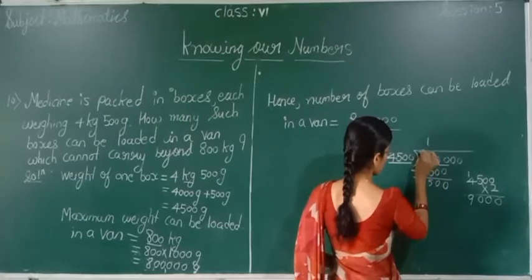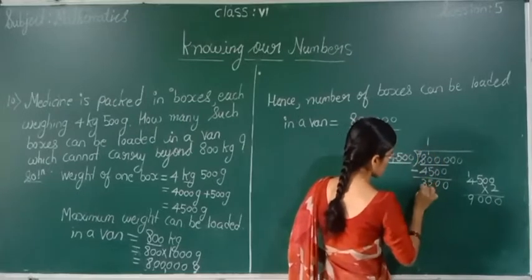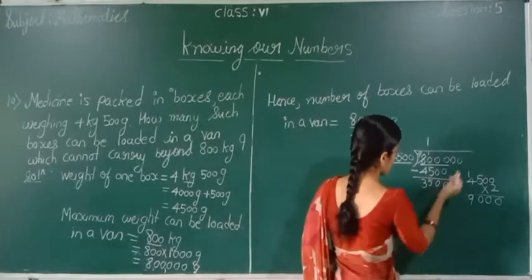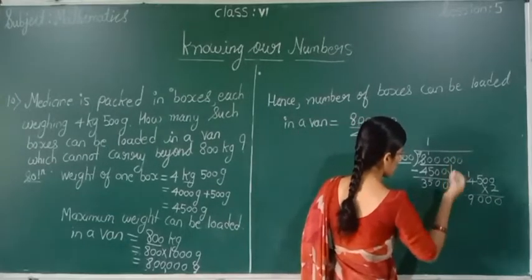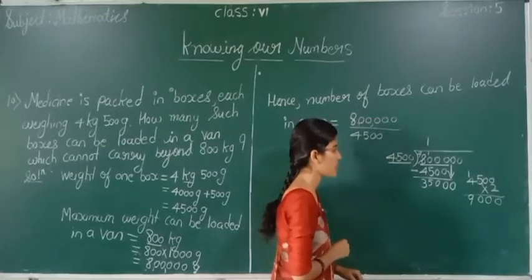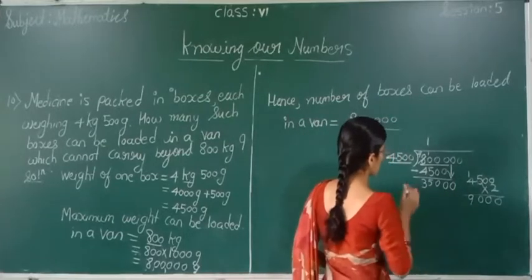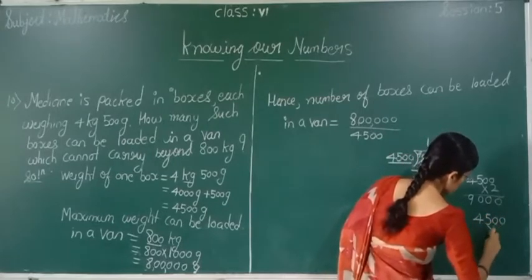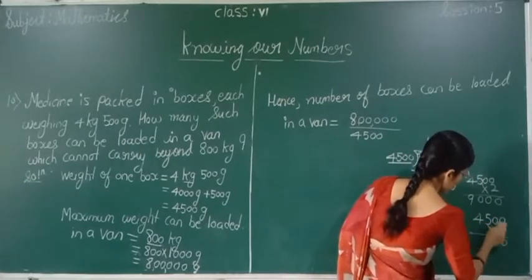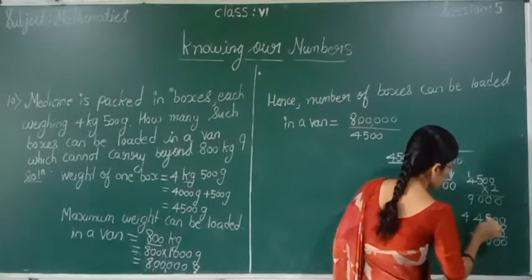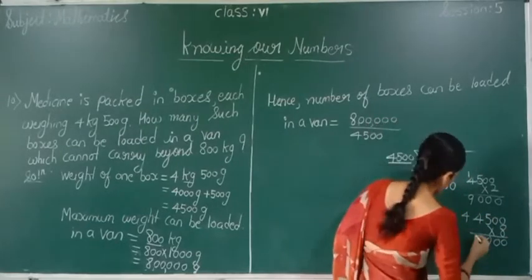Here it will become 7. 7 minus 4 is 3. Now this is a very small number. We will take one more 0. Now it will become 35,000. Now we will see 4500 eights is how much? 8 5s are 40, 8 4s are 32, 36.